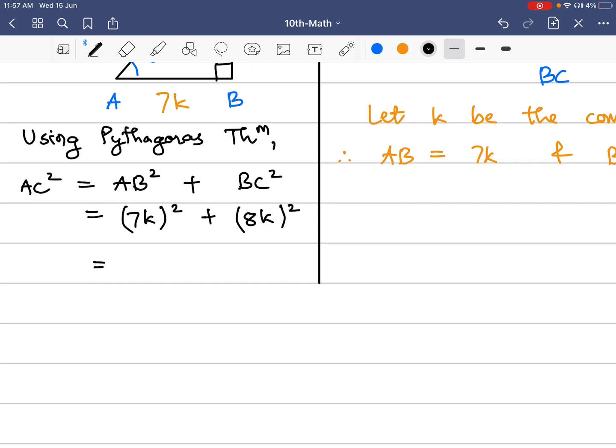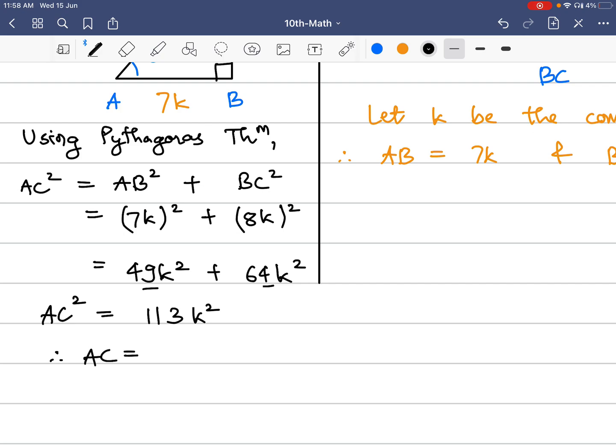That is equal to 49k square plus 64k square, and that is equal to 113k square. So this is our AC square, and therefore AC will be equal to, taking square root on both sides, root of 113, and k square becomes just k. 113 is not a perfect square, so its square root is just going to be under root of 113. So we get AC as equal to under root 113 k.